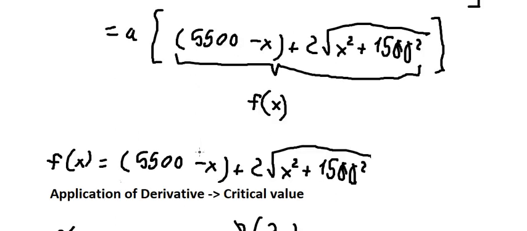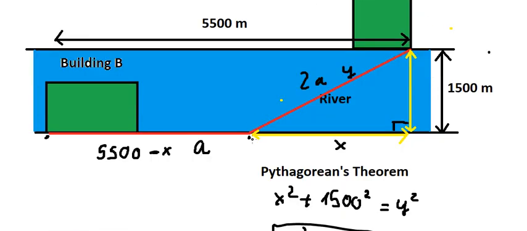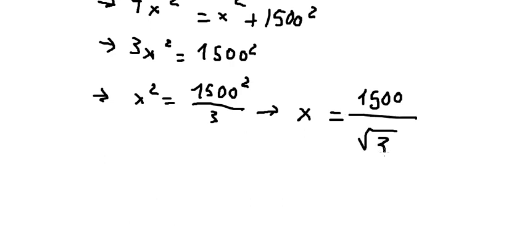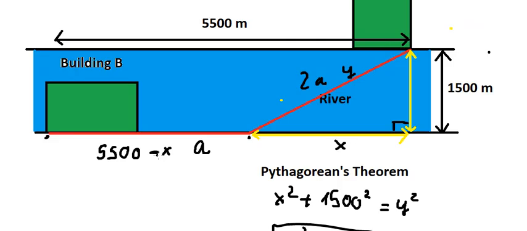Because this is a cable length, it should be positive, so we select s equals 1500 divided by the square root of 3.